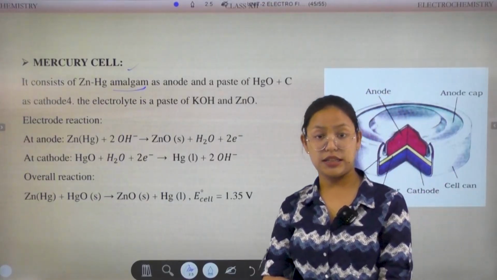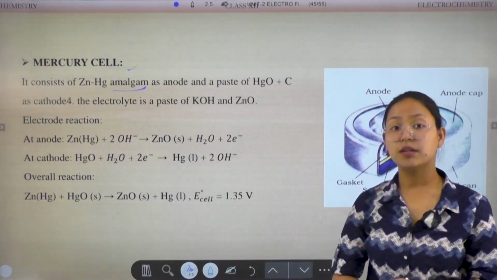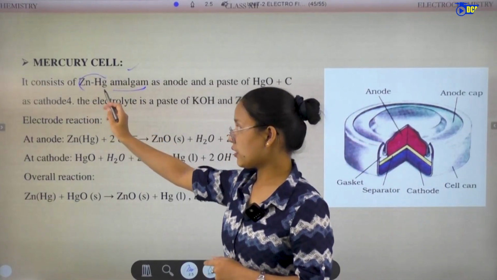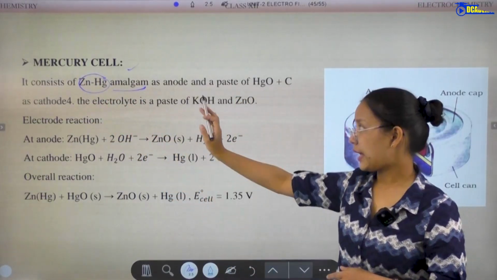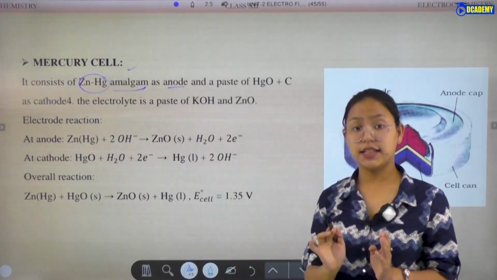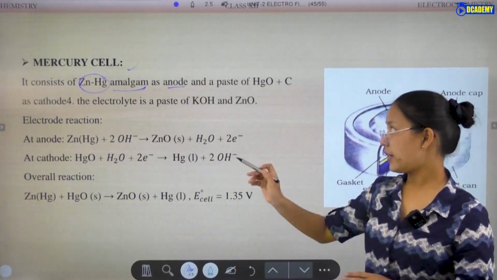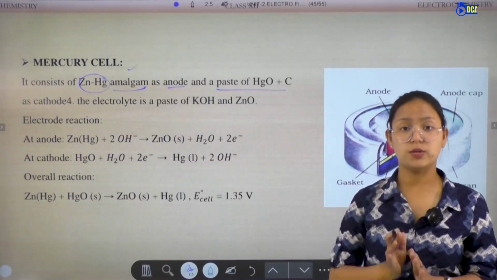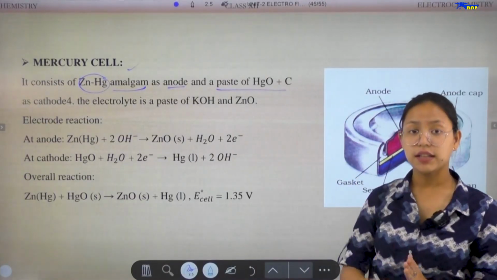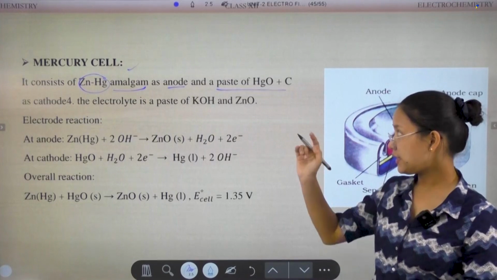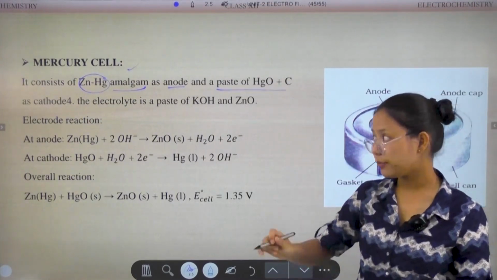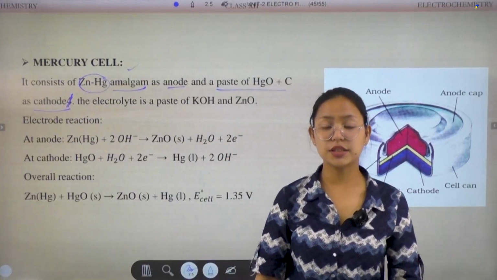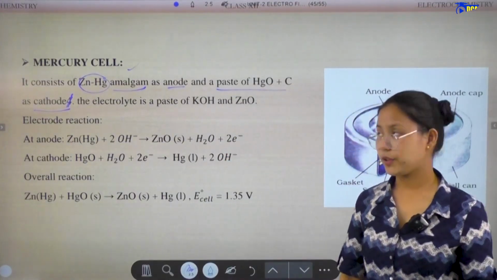So here let's see, the mercury cell consists of zinc mercury amalgam as anode and a paste of HgO, mercuric oxide, plus carbon as cathode. Sorry, it is a typing mistake, please bear with me.